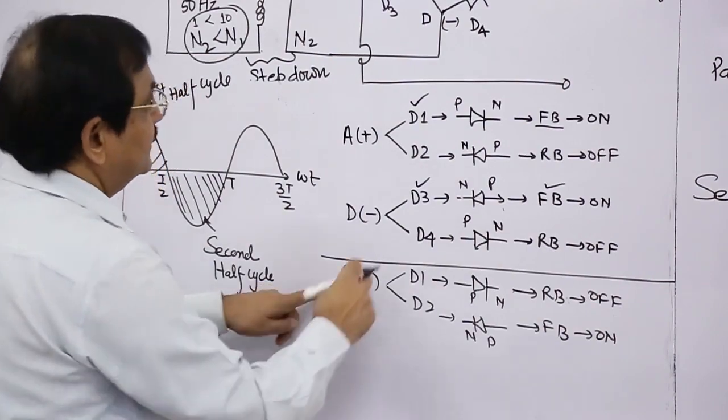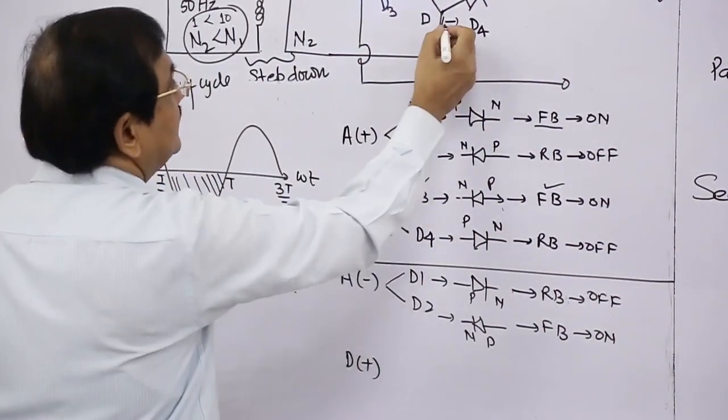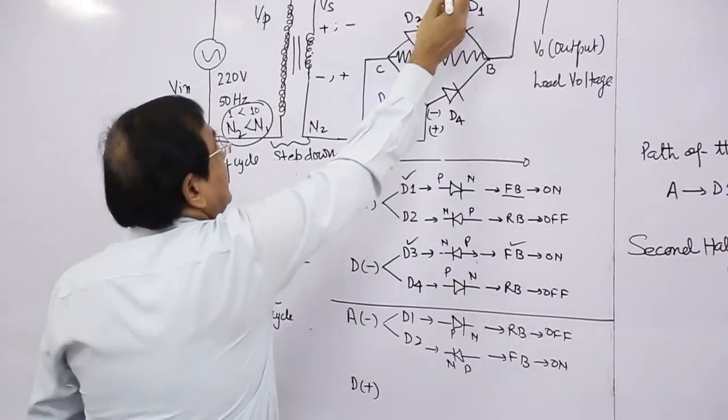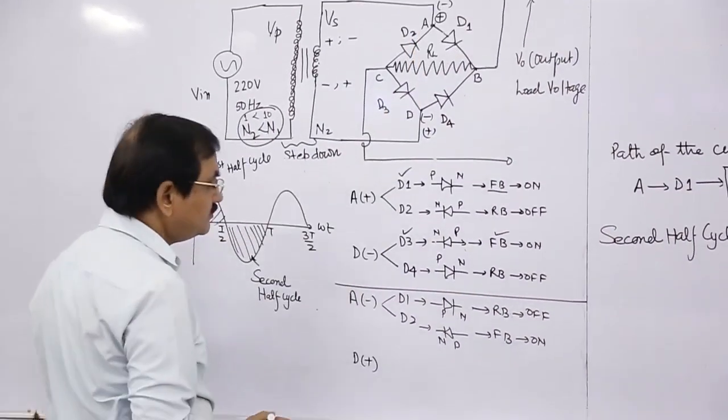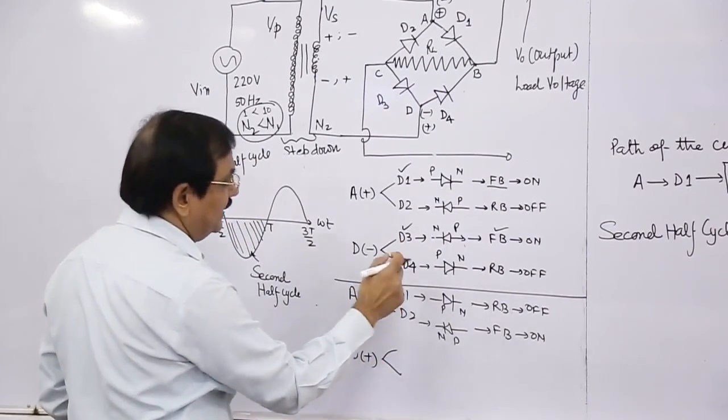Along with D, D is positive and here it is negative. For D positive, D is connected to D3 and D4.